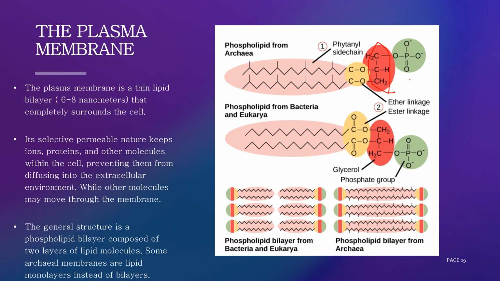CH2, then C, then CH2. Here glycerol is present. In phospholipid from archaea glycerol is present, and in phospholipid from bacteria and eukarya, glycerol is also present. Is phosphate present in phospholipid from archaea? Yes, that's why we call it phospholipid, because of the phosphate group. Is the phosphate group present in bacteria and eukarya?